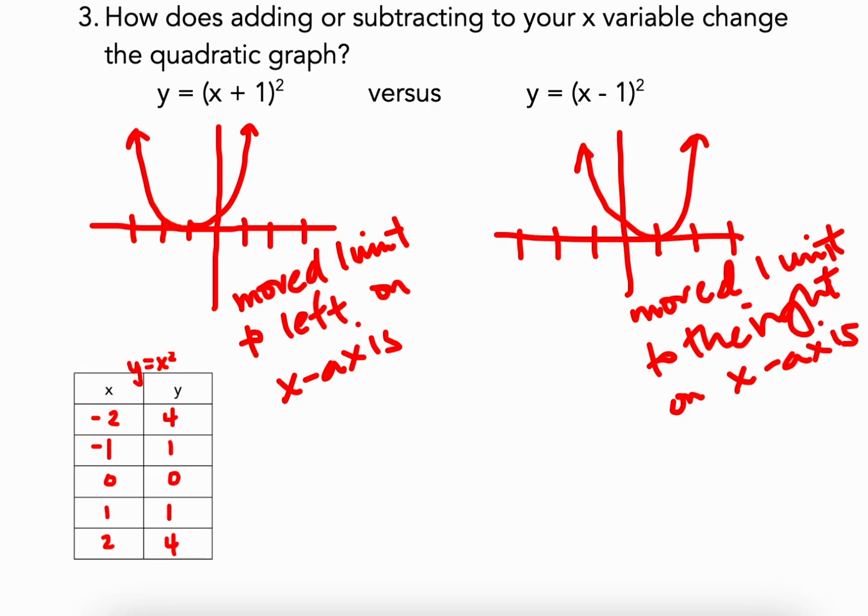Okay, interesting. And then I have the graph of your original y equals x squared so that we can see what is going on mathematically. How did that actually happen? Okay, so over here, instead of 4, we're going to have a different value now, right? Because instead of x squared, the -2 multiplied by -2, we have x, -2 plus 1 would be a -1 times -1, which is a +1. Okay, and then for our -1, it'll be -1 plus 1, which is 0. 0 squared is still 0.